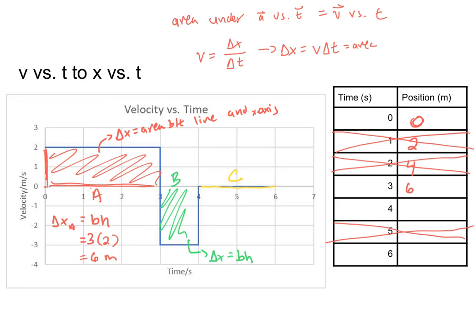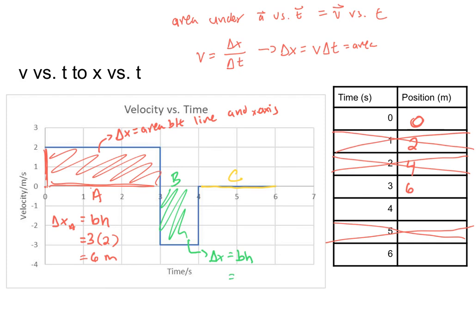If this was, for example, a triangle, like if I had a blue line that looks like this, and I was looking at this area, my change in position would instead be 1/2 times base times height. But because we have a rectangle, we can use our base times height equation instead. So I'm going to go ahead and get rid of the triangle again, just to make this a little less confusing. So my change in position is base times height.